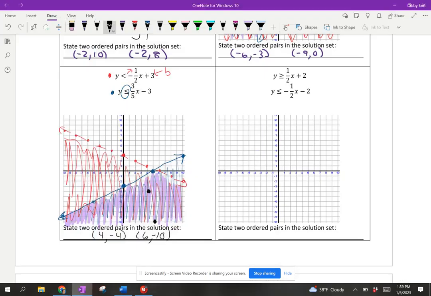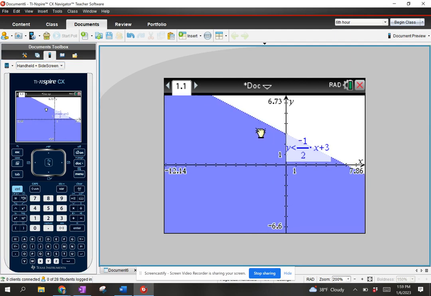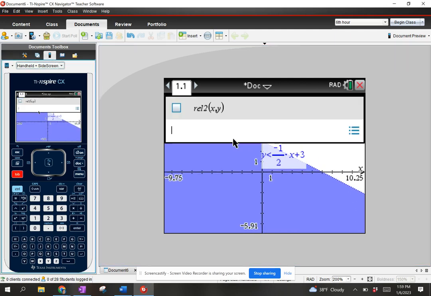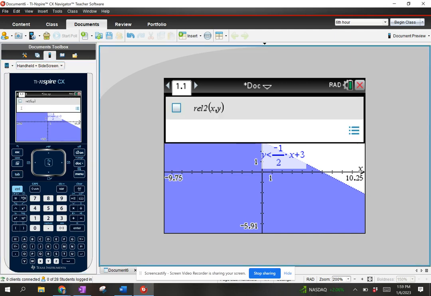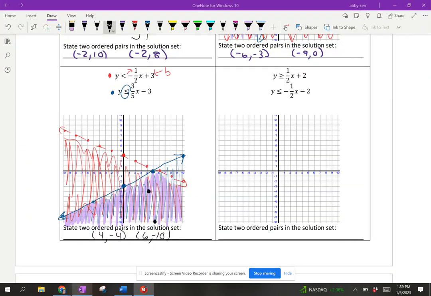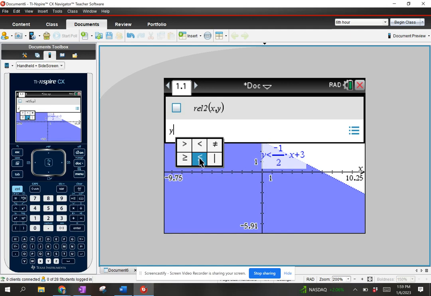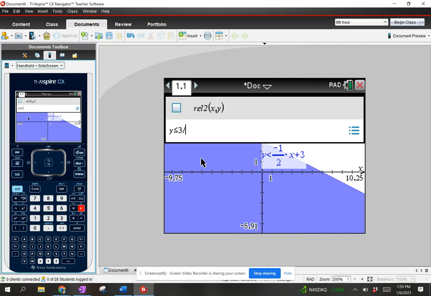Okay, so clearly I graphed it right. Remember, move the cursor so you can see that it's actually a dotted line. You want to hit tab, go all the way to the bottom to hit Y. So then it's less than or equal to, so control equal. And then 3 over 5x minus 3.